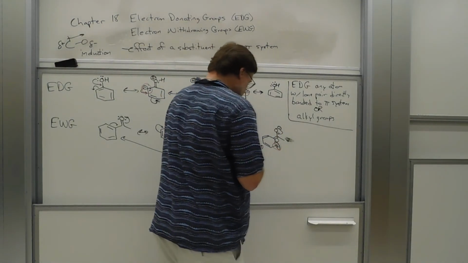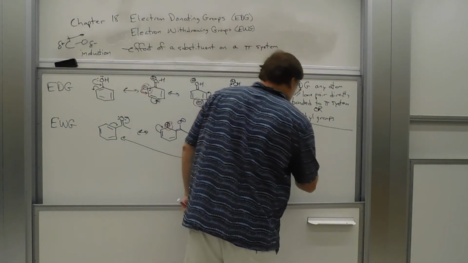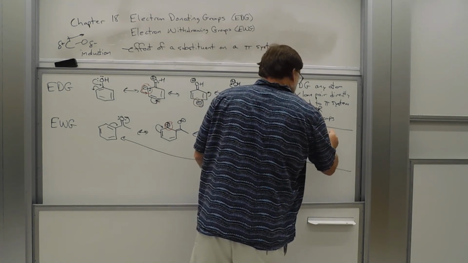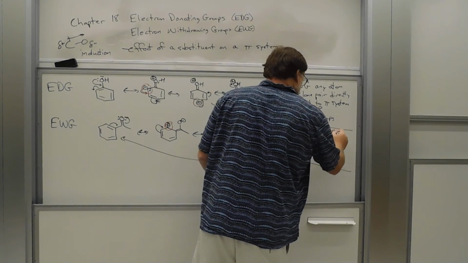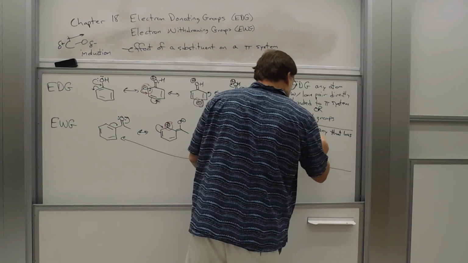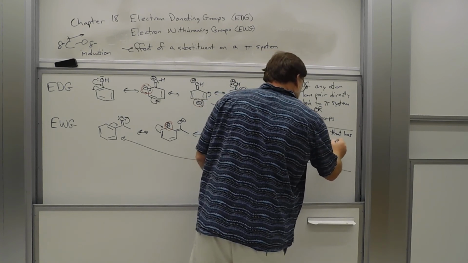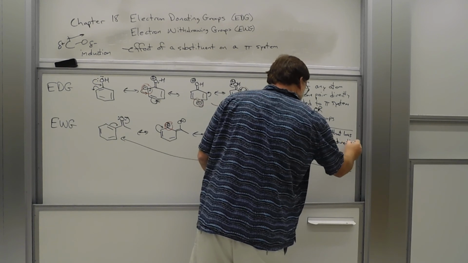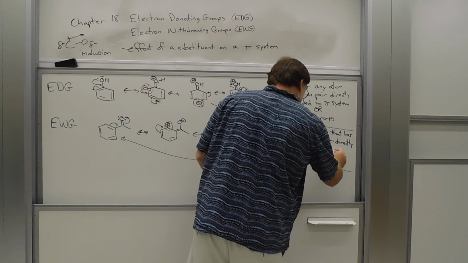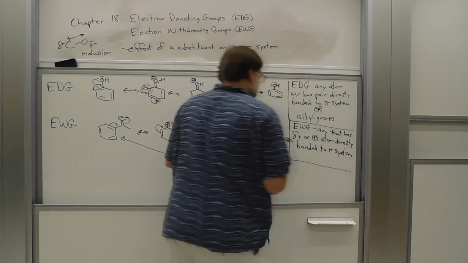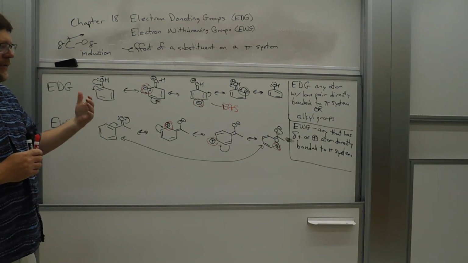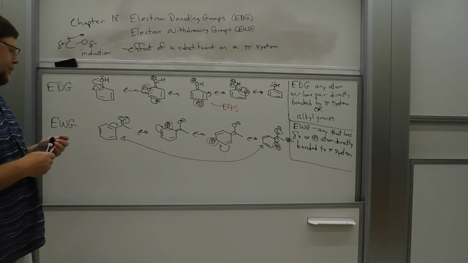So an electron withdrawing group is going to be a group that has a partial positive or positively charged atom directly bonded to the pi system.